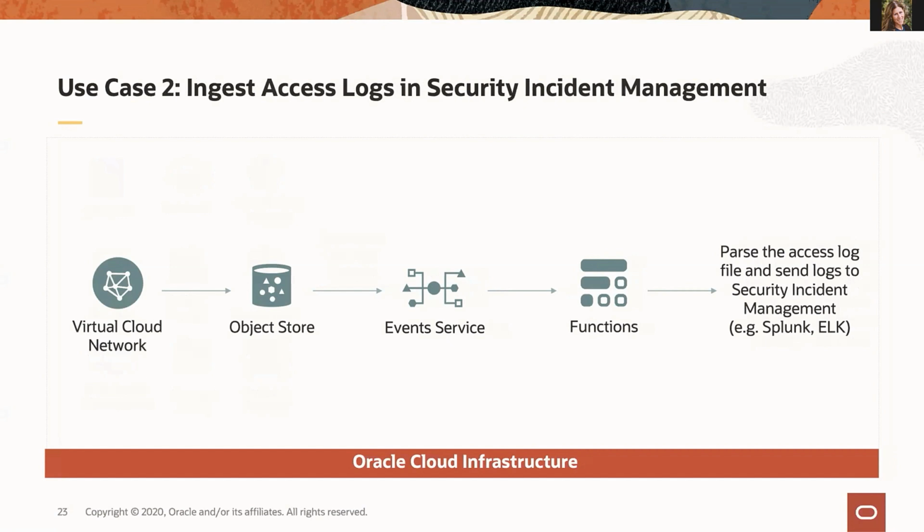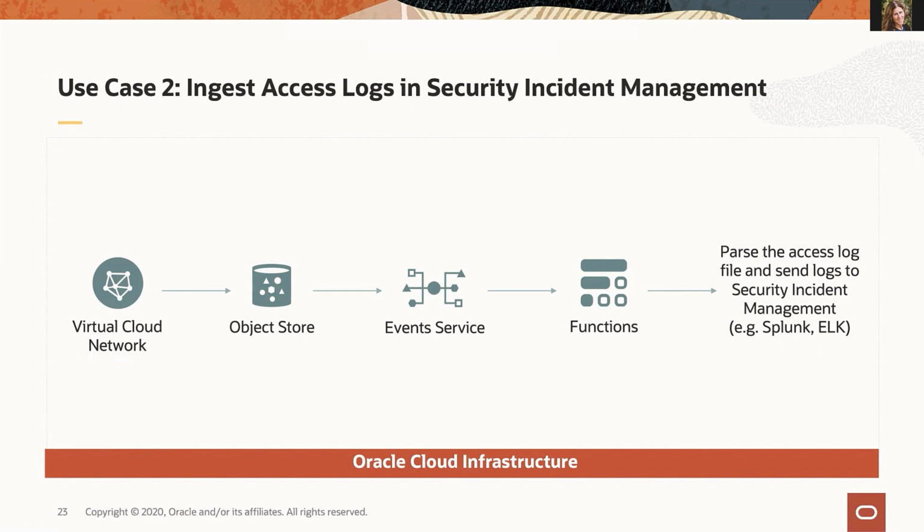The second concrete use case is the ingestion of access logs in security incident management. So you have your virtual cloud network, the VCN, and all the traffic is dumped onto an object store bucket.